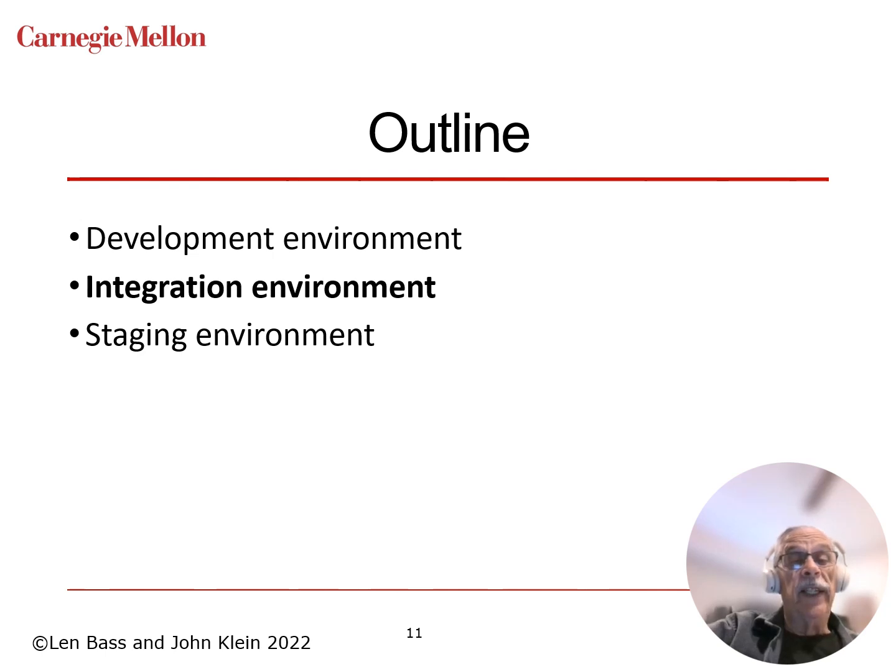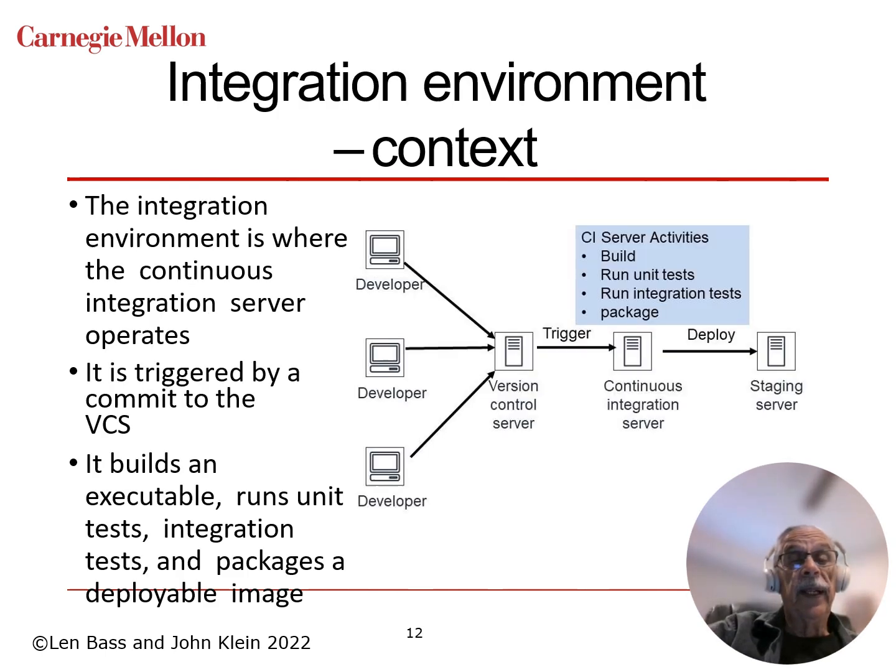Okay, now we'll move on to the integration environment. That's a little more interesting. So the integration environment is where the continuous integration server lives, the build server. It's triggered by a commit to the version control system, and it builds an executable. It runs the unit tests from all of the components.